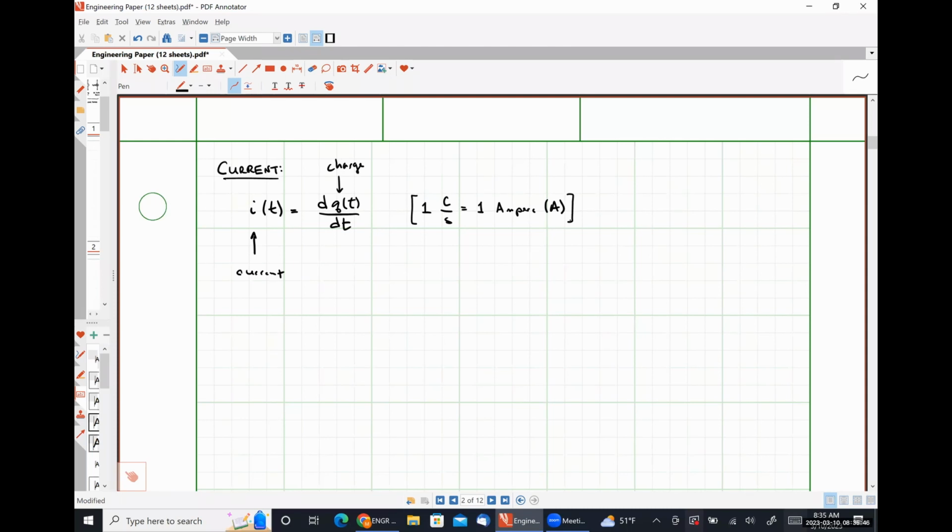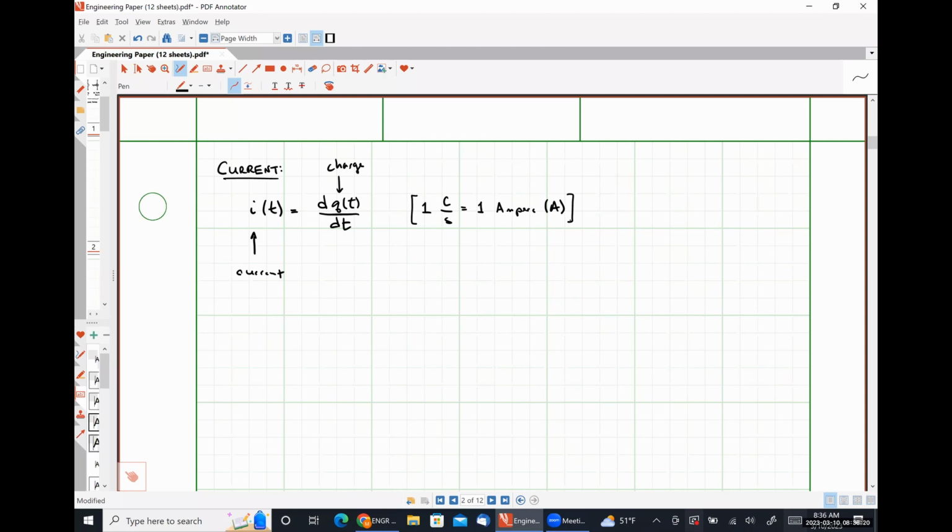So since current is simply the derivative of charge with respect to time, what would be a simple definition that we could describe current as? So whenever we take the derivative, what are we doing? We're looking at a rate, right? So if we have a displacement x and we take the derivative of x with respect to time, we get a velocity, which is the rate at which we move, or the rate at which the displacement changes, right?